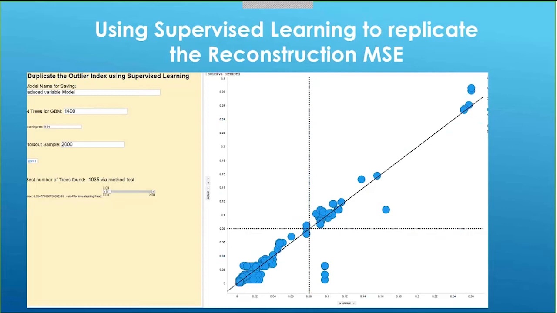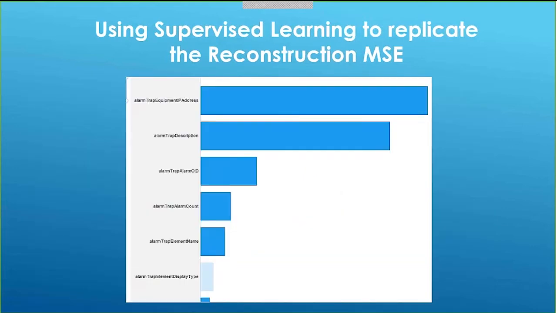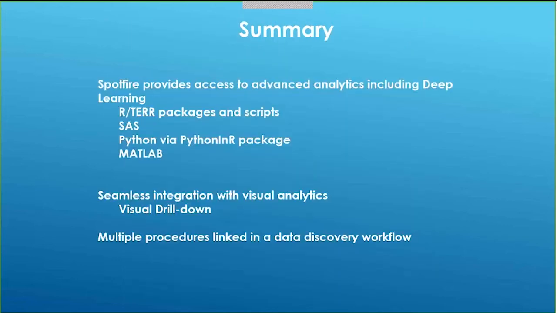Now, why would we do that? Well, although you can get this directly from the neural network, it's actually a lot more efficient to use this gradient boosting machine, or GBM, to get this type of variable importance plot.